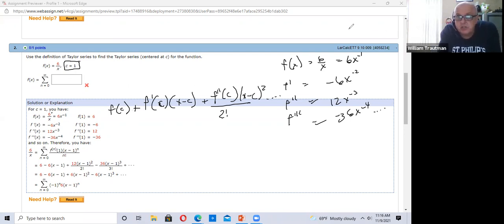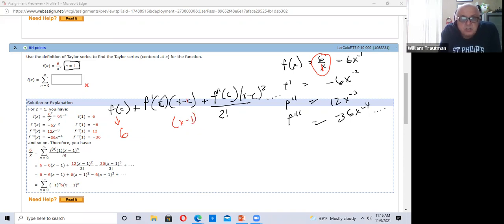So in the first one, if I put a 1 in here, I end up with 6. In the second one, first of all, the C equals 1. So we put a 1 in here, we're going to get x minus 1.